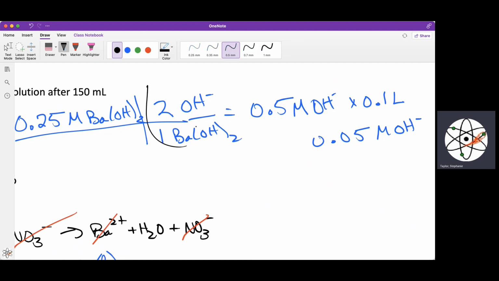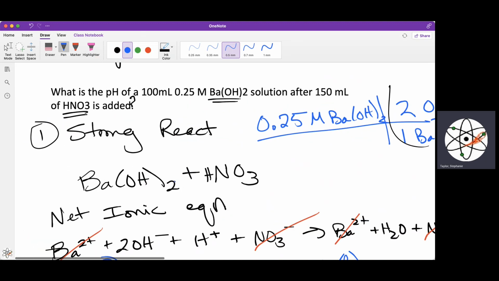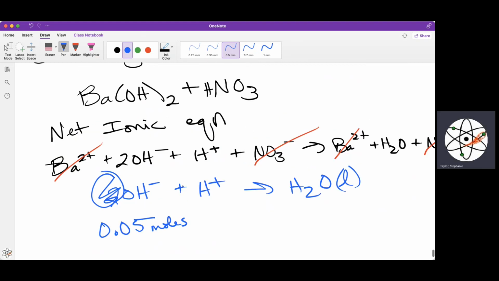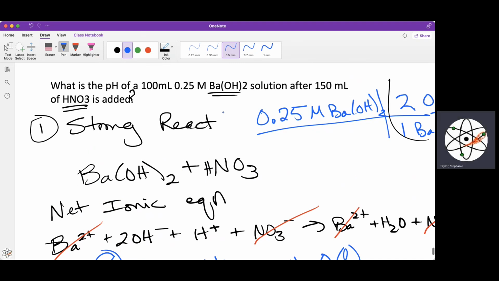So we can't just ignore the stoichiometry. I'm going to multiply my hydroxides by 2 because that's how many hydroxides are coming to the party. 0.05 moles, because I'm reacting in moles. HNO3, I didn't give myself a molarity. 0.1 molar. Sorry, that should have been in the problem. Just add it, 0.1 molar.